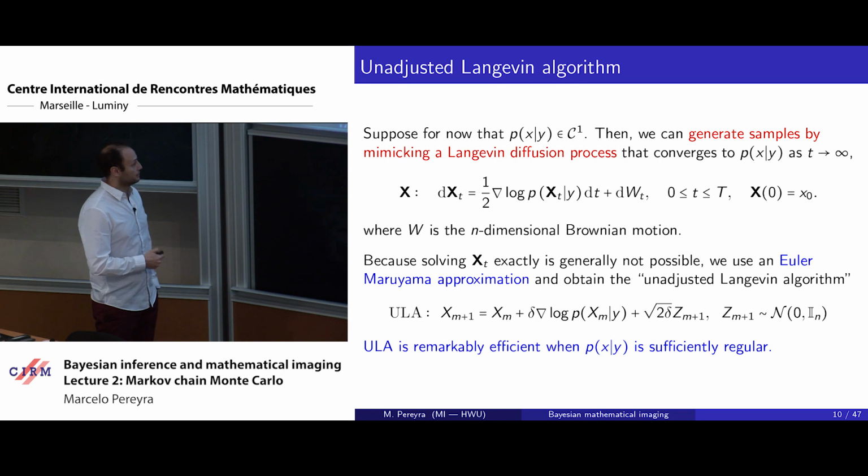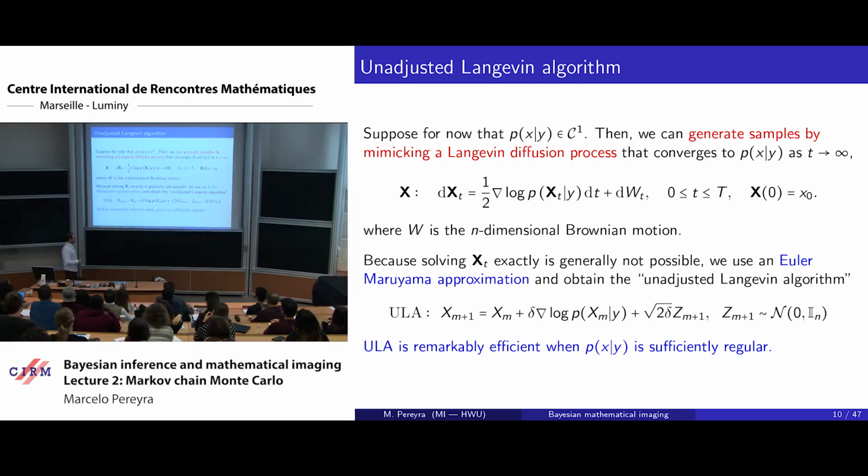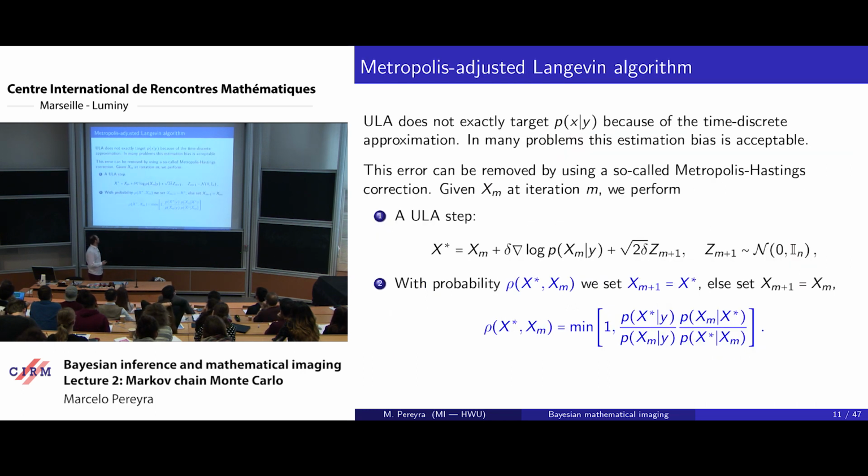They also showed that this is remarkably efficient when dimension is high, provided that P of x given y is sufficiently regular. So if this gradient is Lipschitz, then things behave quite well. Provided you have convexity and hopefully strong convexity, then things are really good.